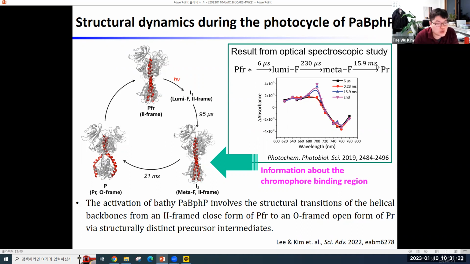So we could assign the exact origin for each species. The I2 state corresponds to the Meta-F detected in the spectroscopy result. Also, the final P state corresponds to the PR state, which is our final photoproduct. In this way, we could make the final structural dynamics and its photocycle like this.